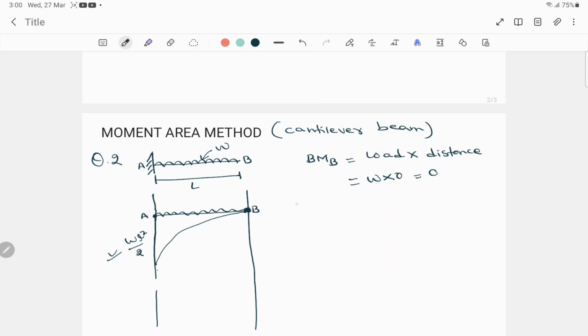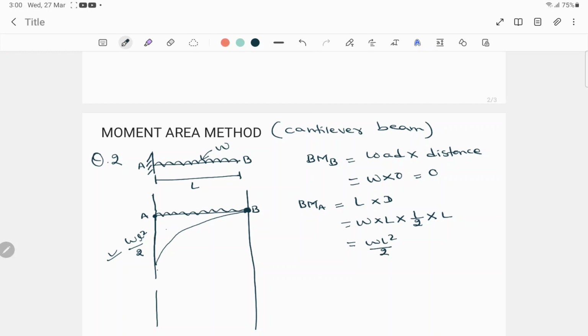Now we have to find the bending moment at A. What will be the value? Same, load into distance. The load is W, and from this side the distance covered is L, so W into L. Again we have to convert this UDL into a point load, so we multiply by half of the distance, L by 2. Then we get W L square by 2.